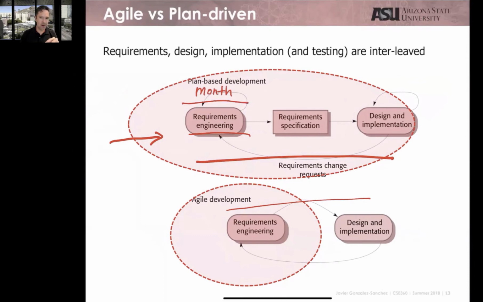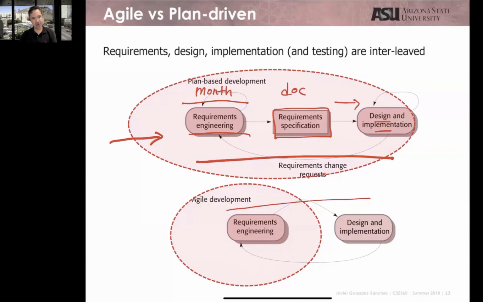And then when you finish understanding your requirements, you're going to create a document. That document, at some point, is going to become your contract. It's a list of things that you're going to do, and you're going to receive a payment for that. With that document, then you can start with the design and implementation.